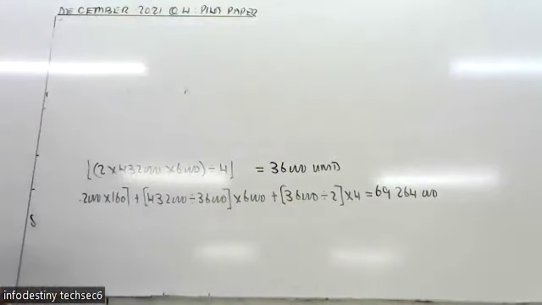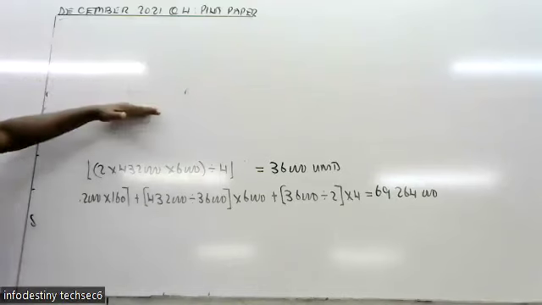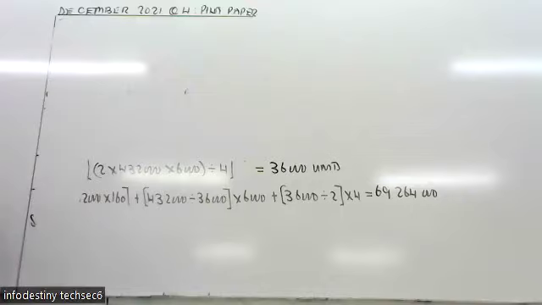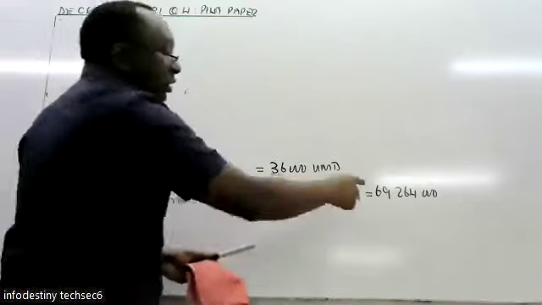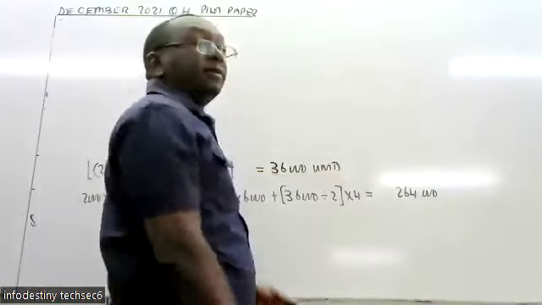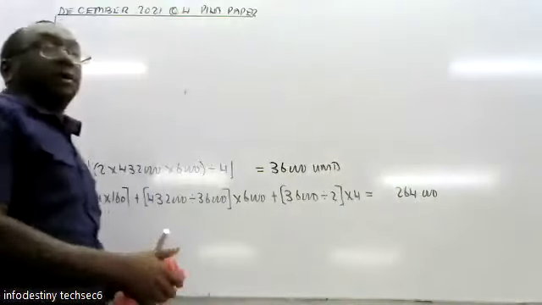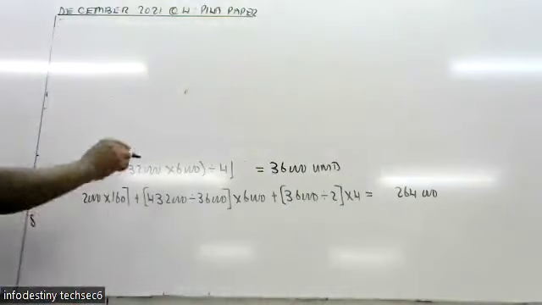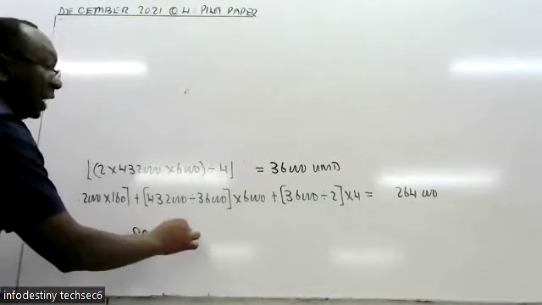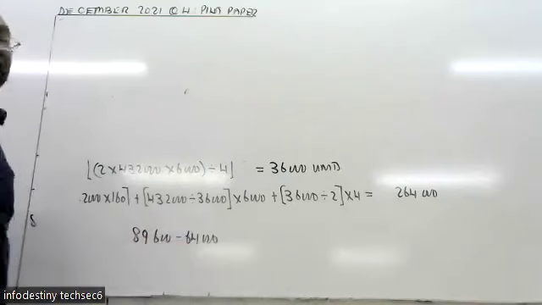But we can put it all. We had written the formula above: it is the current policy total cost minus the EOQ total cost. So instead of writing 69 264, I removed this because it is still here. I could even have said 89,600 minus 64. See, the answer will still be the same.